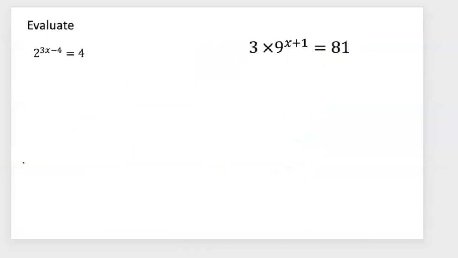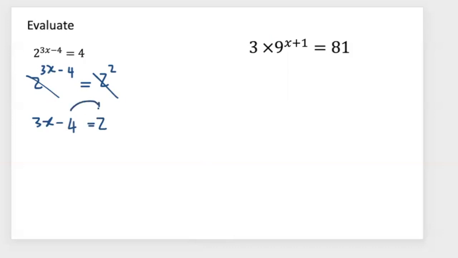For this activity here, if you look at this, the bases can be the same. 2 to the 3x, take away 4, equal 2 to the 2. So drop the base and equate the powers. So I have 3x, take away 4, equal 2.